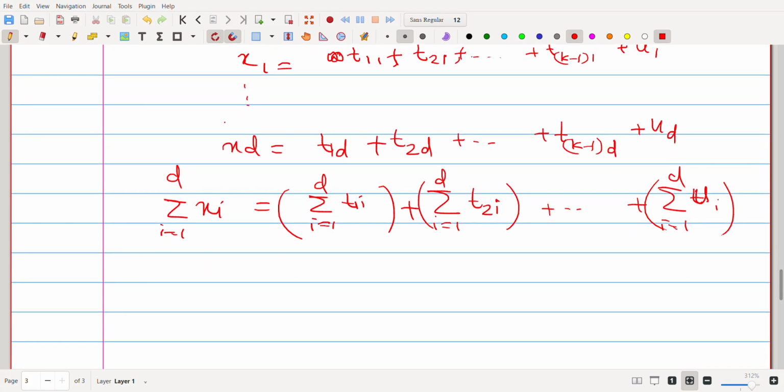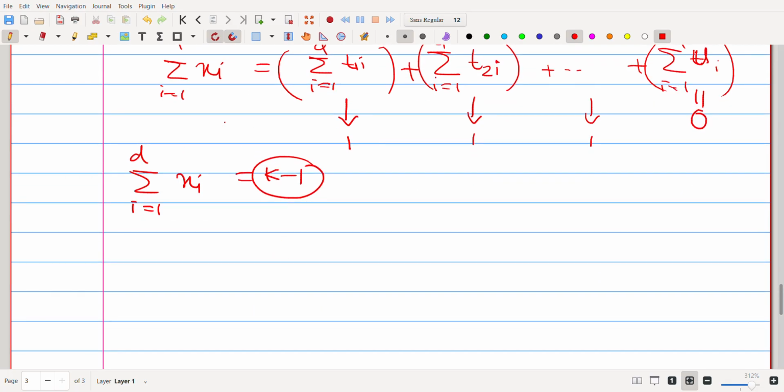By our assumption, the last one is 0. And since each ti is a probability vector, these all are 1. That means the summation of xi, i equal to 1 to d, is k minus 1, which is clearly non-zero.